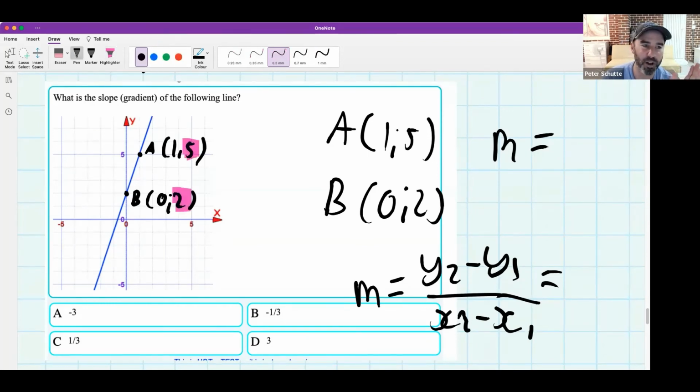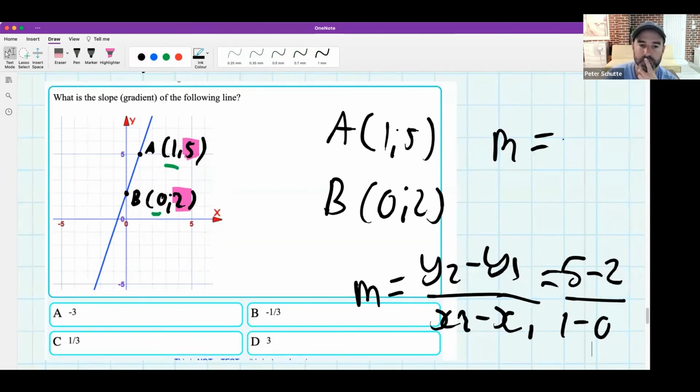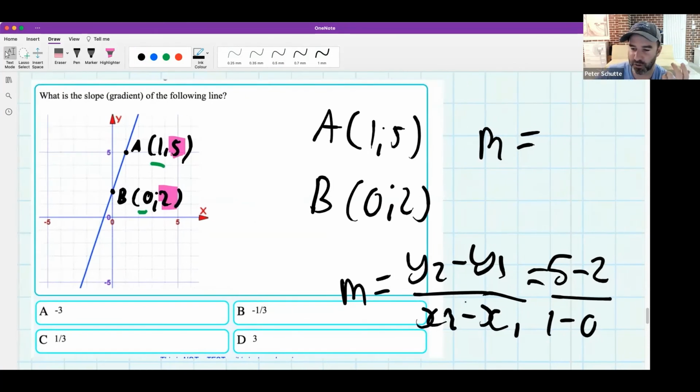So what I'm going to do here is highlight the Y's first, and go 5 minus 2, because the Y's are on top, and then I'm going to do the X's next, which is 1 minus 0. You know what I also used to do, Mr. S? I would start at 1 and 5 for the Y's, and then for the X's, I'd start at 0 and 2. And I'm not supposed to do that because the answer gets mixed up somewhere. My experience is you start by just focusing on the Y's because they go on top, and we're so used to going on top. It's just a natural type of thing.